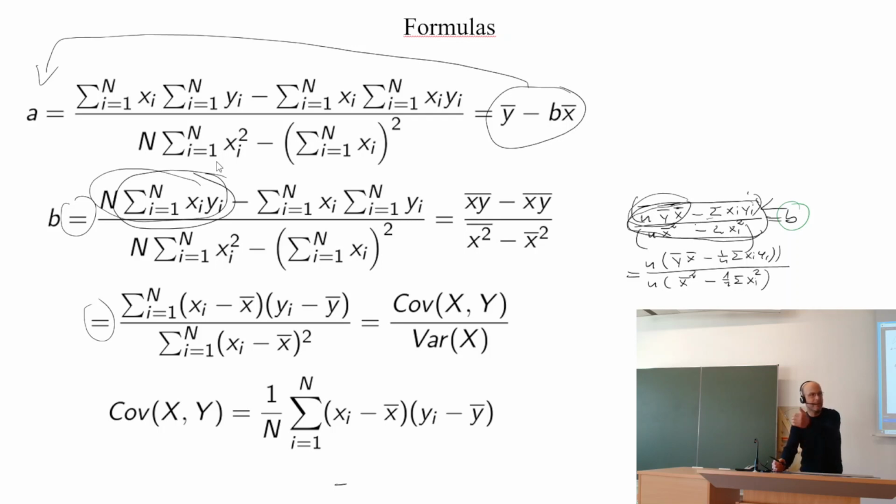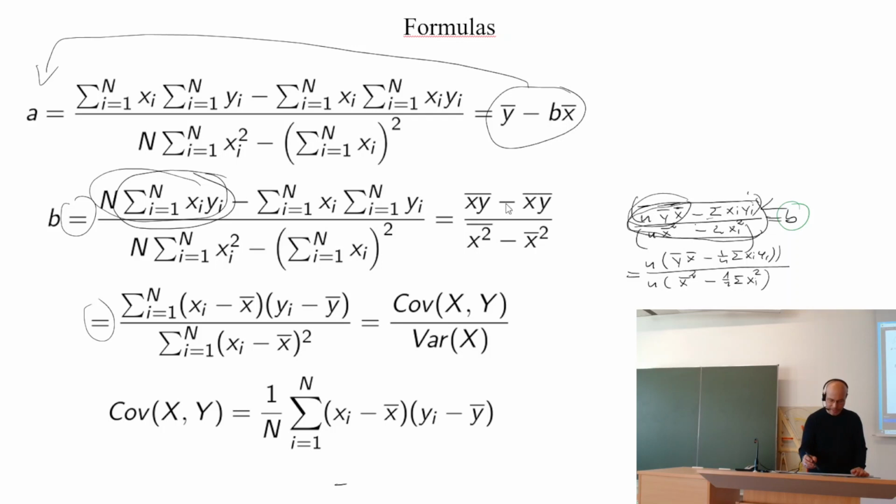This is x1y1, plus x2y2, plus x3y3. So I'm again just adding up n numbers. And adding up n numbers is just n times the average. Because the average, the arithmetic mean, is just defined by summing up all my data points and dividing by n.